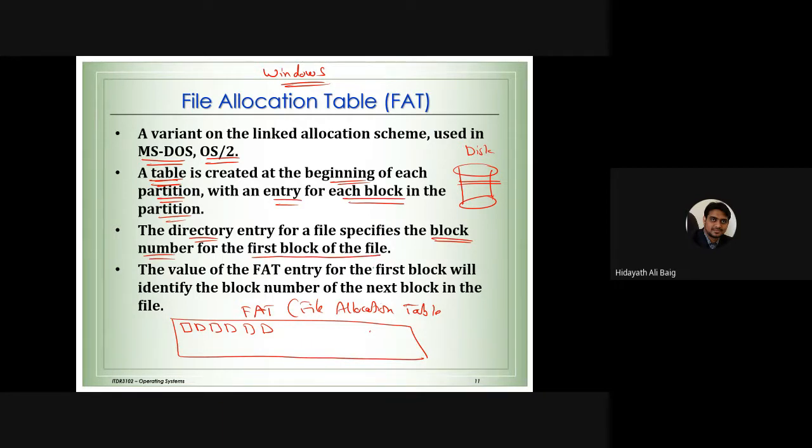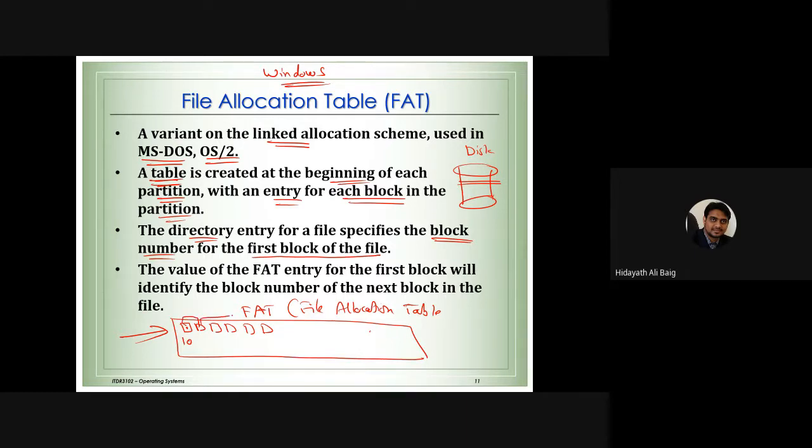Now, for example, this is block number 10. If I come to block number 10, it's a kind of linked allocation. Please remember, this is not a new method. It's one kind of linked allocation, but the linking is not happening inside the hard disk. The linking is happening inside this table. Because this is the first block, it will tell me what my next block is.